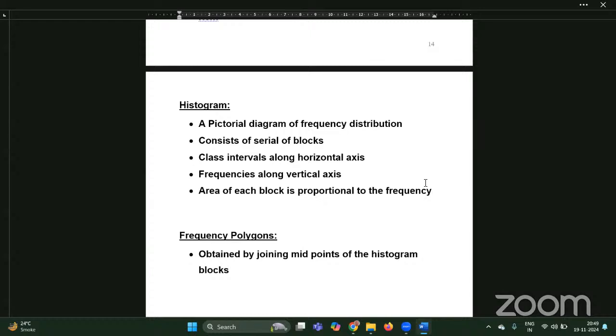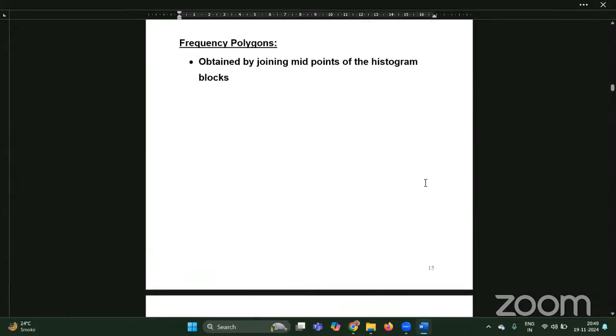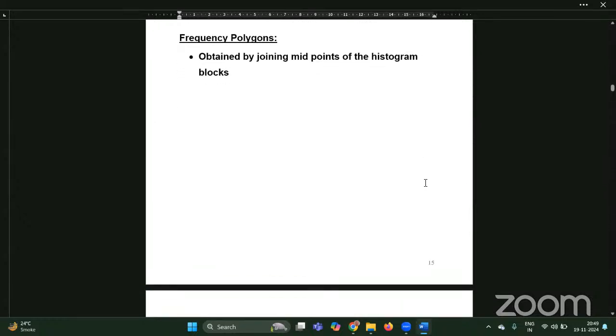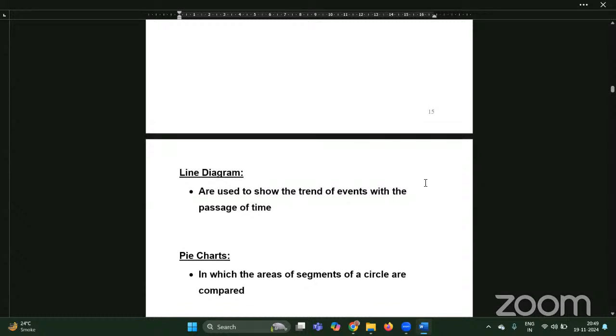And if you join the midpoints of this histogram, it will give you a frequency polygon. And if you remove the angles and make it smooth, that becomes your normal distribution curve.